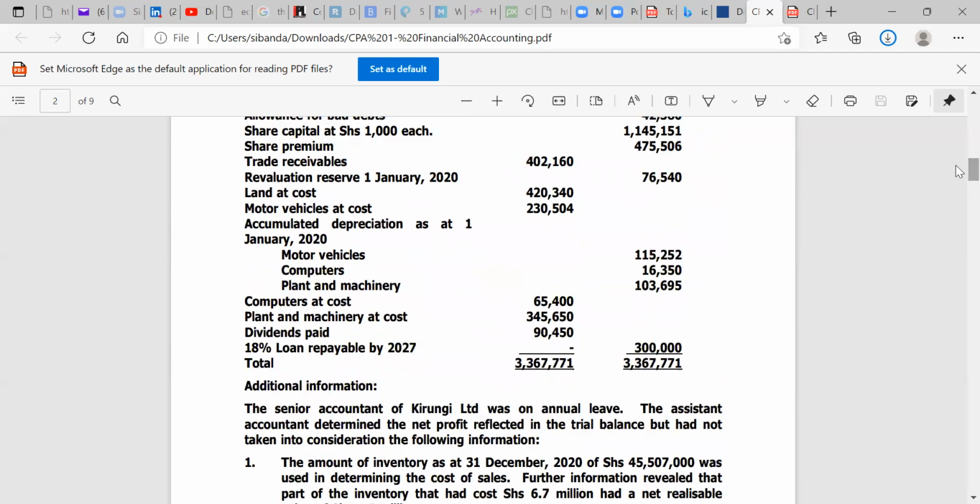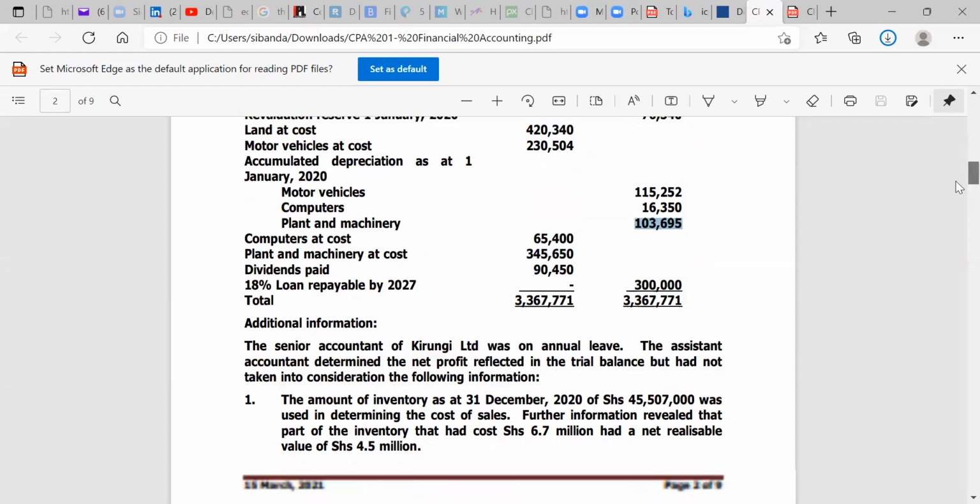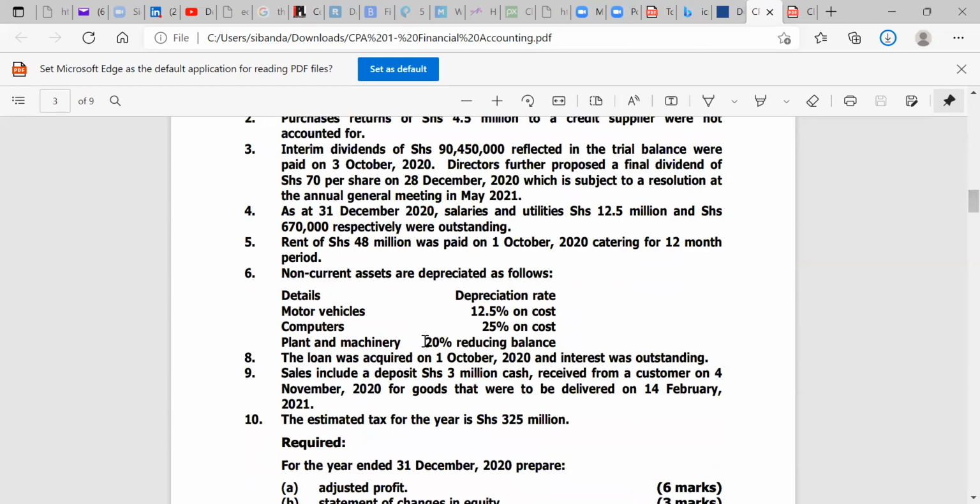The cost is 345,650, and the accumulated depreciation is 103,695. So if we want to get the net book value that we subject our depreciation to, it is 345,650 minus 103,695. What you get is the net book value that you multiply with your 20%. That's why it is called reducing balance.